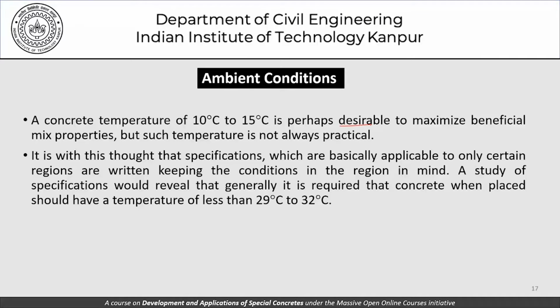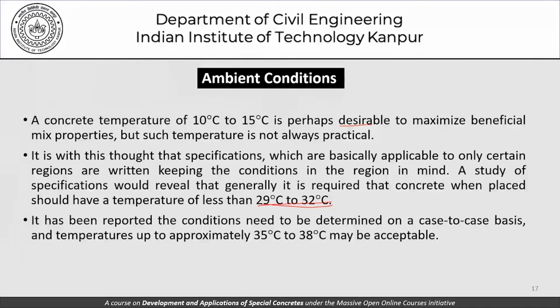A study of specifications would reveal that generally it is required that concrete, when placed, should have a temperature of less than 29 to 32 degrees centigrade. I would encourage you to go and read some literature and find out, as far as Indian conditions are concerned, what is the maximum temperature of concrete which is permitted for a pour in India. What I'm telling you is that generally speaking, the concrete temperature should be less than 29 to 32 degrees centigrade and should not be allowed to exceed that.